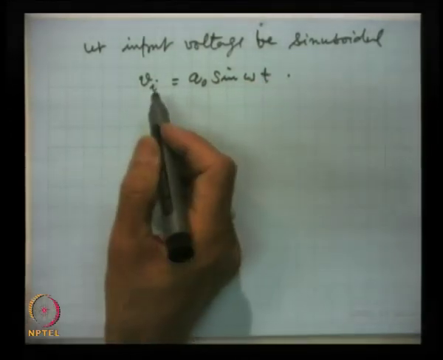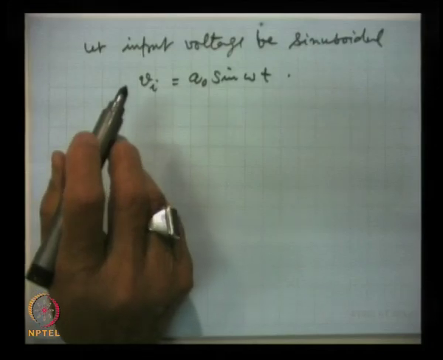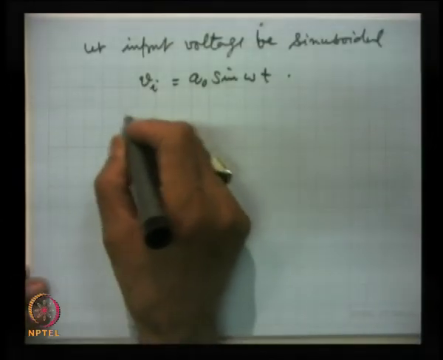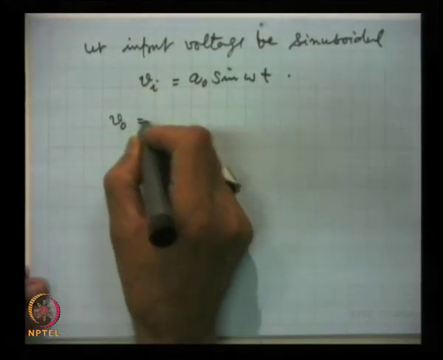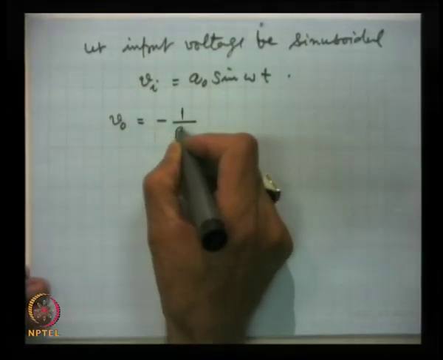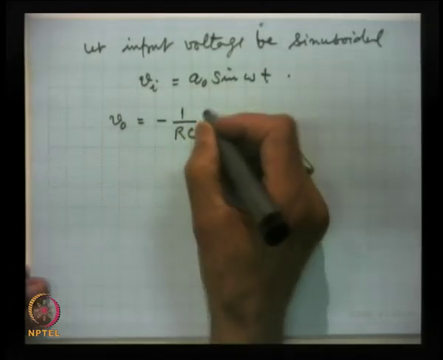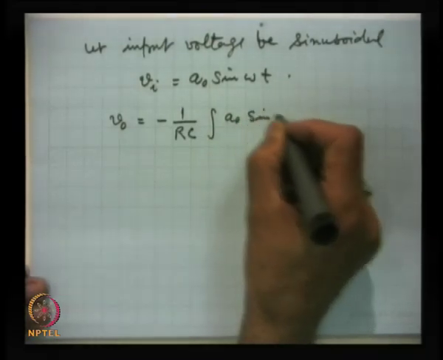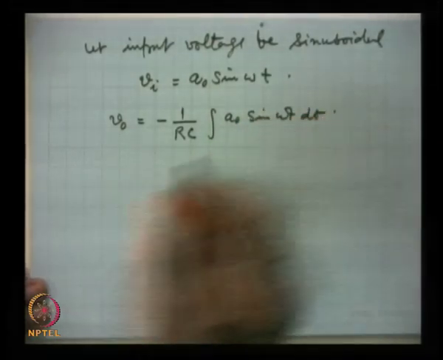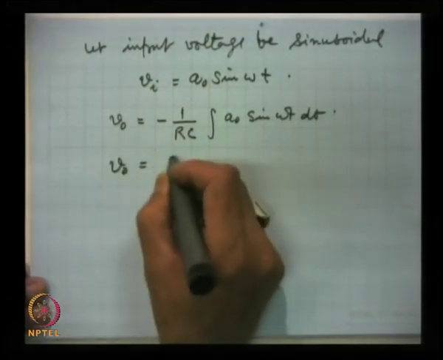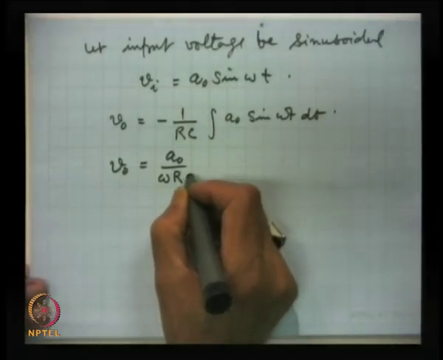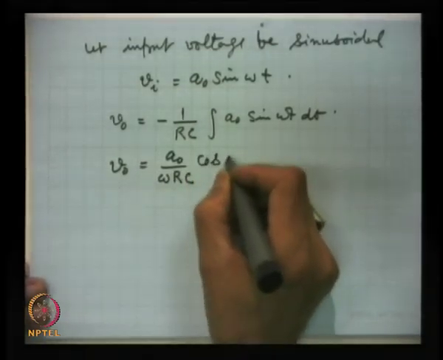If we put this in the fundamental equation, then V0 will be minus 1 by RC into integral of A0 sin omega t dt, and this V0 comes out to be A0 by omega RC cos omega t.